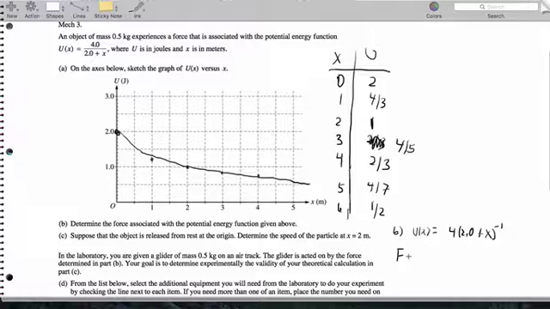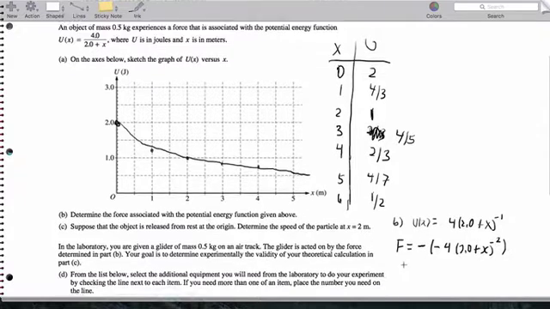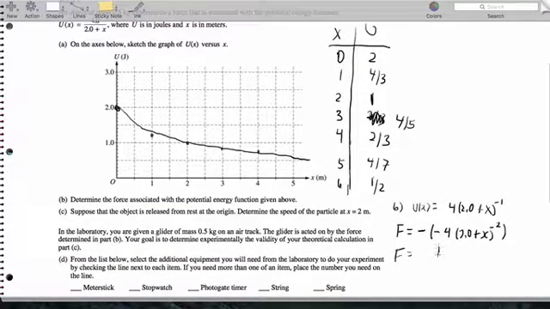So the force is going to be the negative derivative of that. So that's going to be negative, negative 4 times (2.0 plus x) to the negative 2. So my force ends up being 4 over (2.0 plus x) squared. That's what I get for my force.